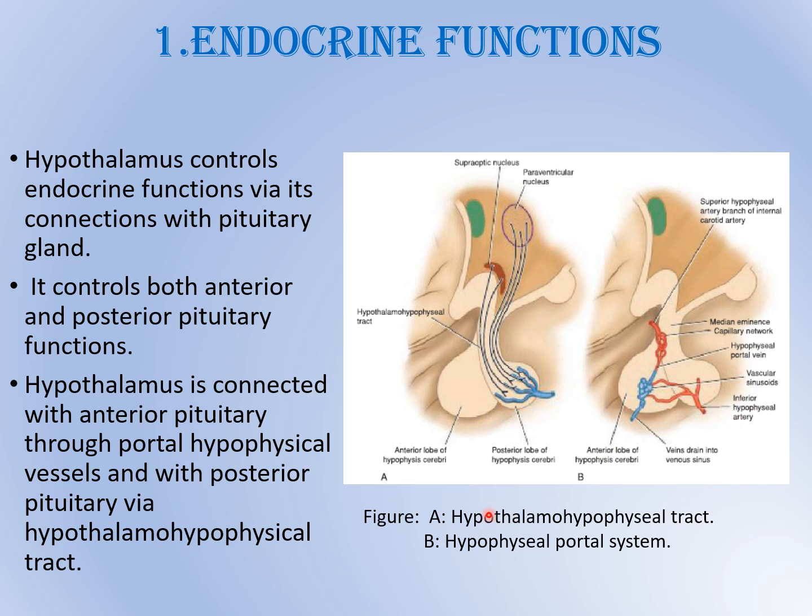And this one is a hypothalamo-hypophyseal tract. This one is the supraoptic and paraventricular nucleus. And this one is the anterior lobe and this one is the posterior lobe of the pituitary gland.